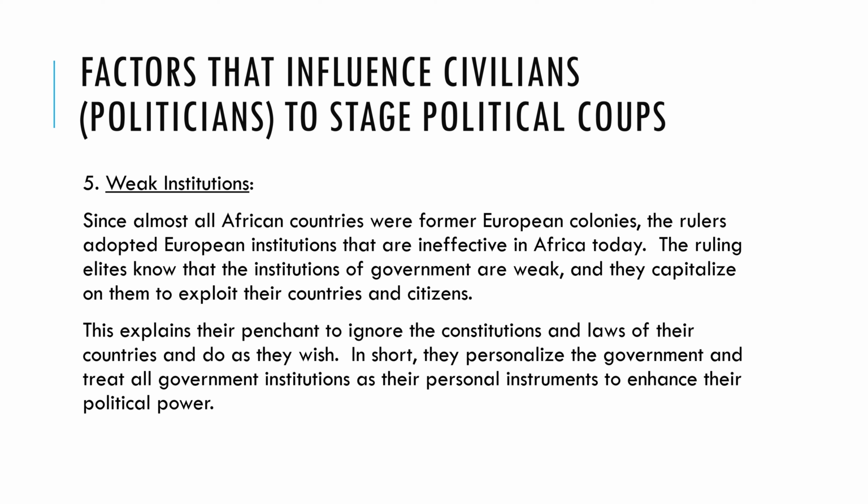This explains their penchant to ignore the constitutions and laws of their countries and do as they wish. In short, they personalize the government and treat all government institutions as their personal instruments to enhance their political power with total disregard for the feelings of their citizens.